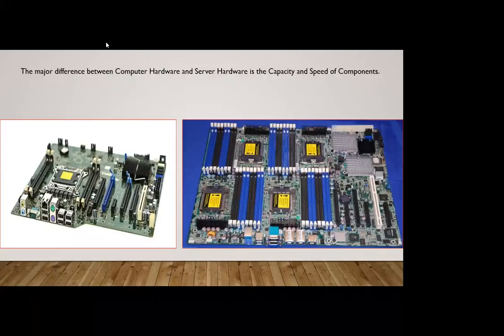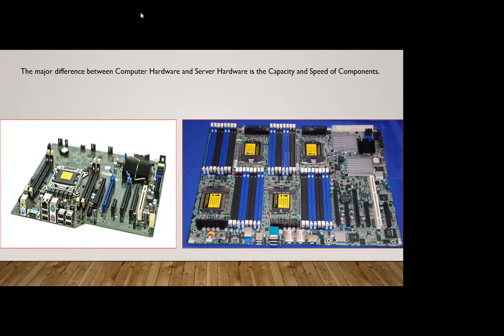Now, just for your understanding, I have taken two motherboards. One motherboard is your computer motherboard, another is your server motherboard. See carefully, on the left side of your screen, the motherboard that you see is a desktop motherboard, and on the right side is your server motherboard.